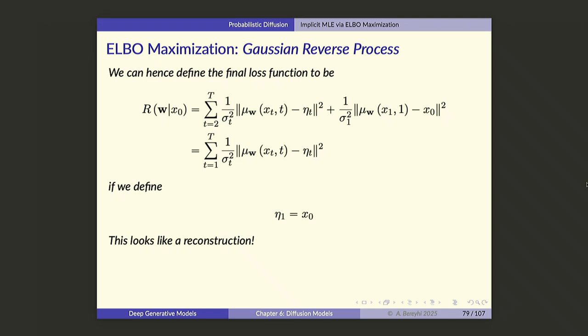So at time capital T, I have eta T. At the previous time, I have eta t minus 1. And so on, I'm going to have eta 2. And I need eta 1. I'm going to just define eta 1 to be exactly x0 itself, right?